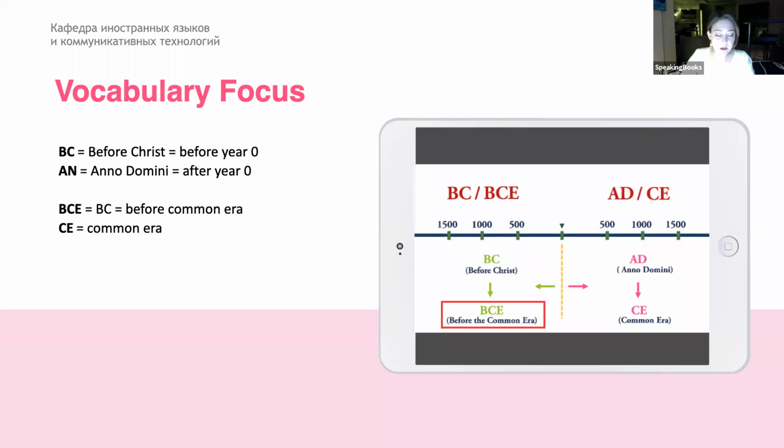However, today there are many religions and many confessions in the world, not just Christianity. That is why a more common designation of Anno Domini today is CE, Common Era. And when we want to say before Christ, quite often we say BCE, before Common Era.